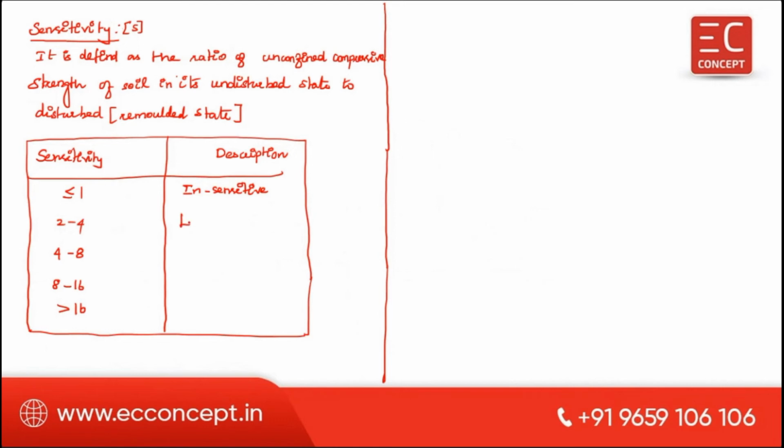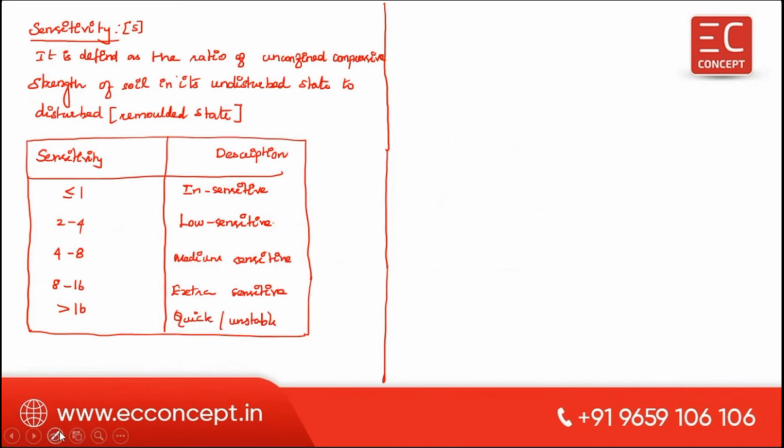Second one is low sensitive. Next one is medium sensitive. Next one is extra sensitive. Next one is quick or unstable.